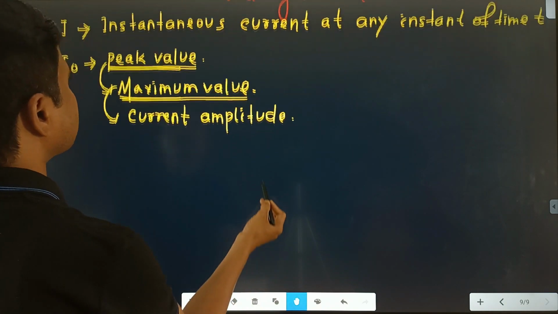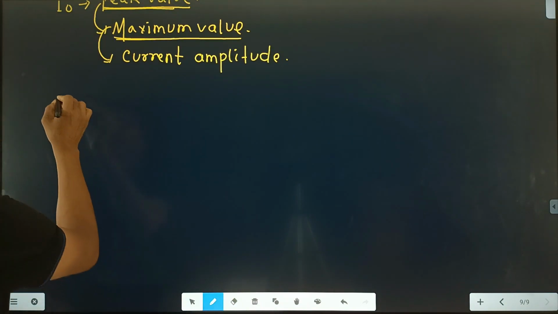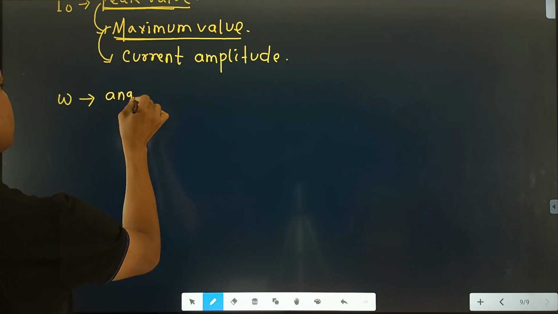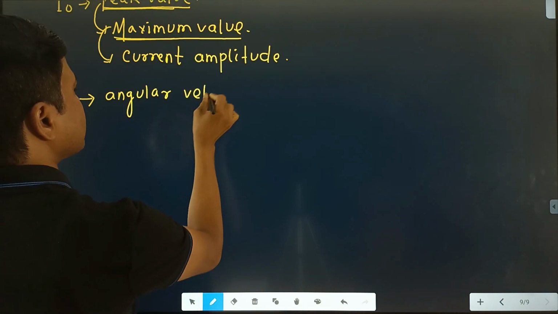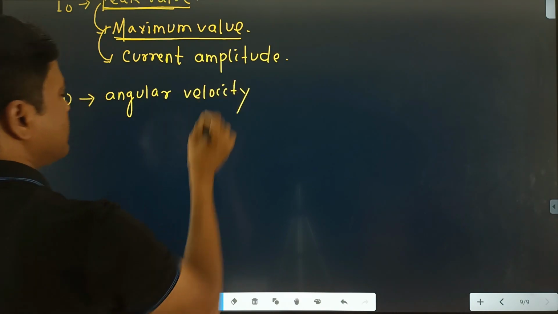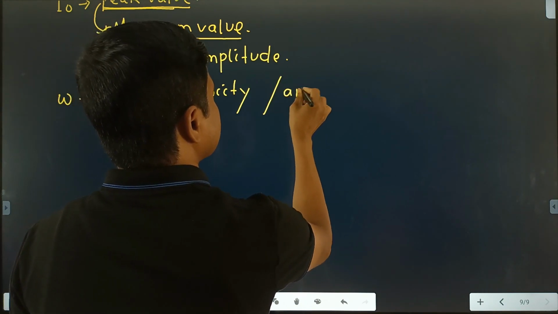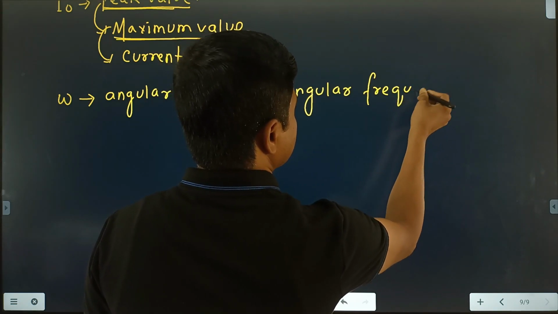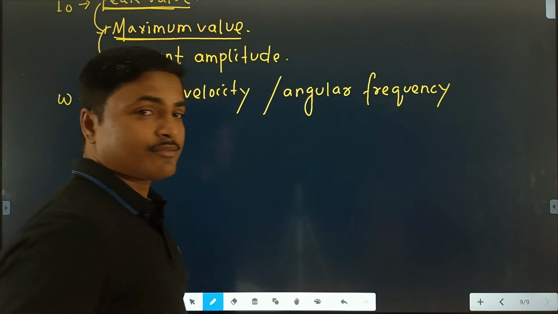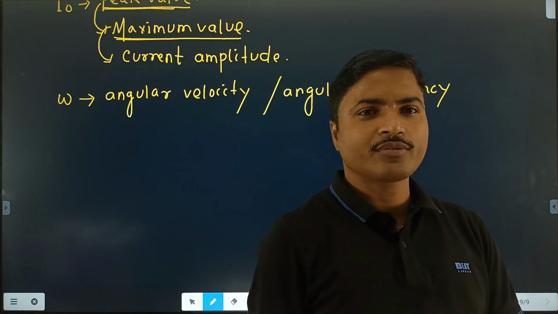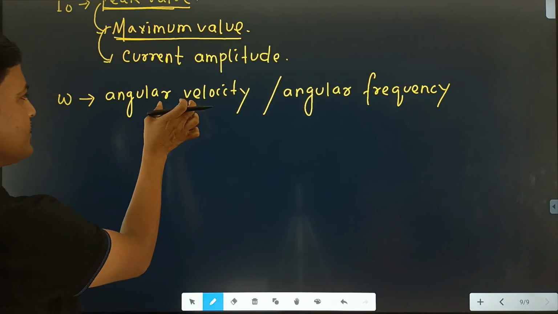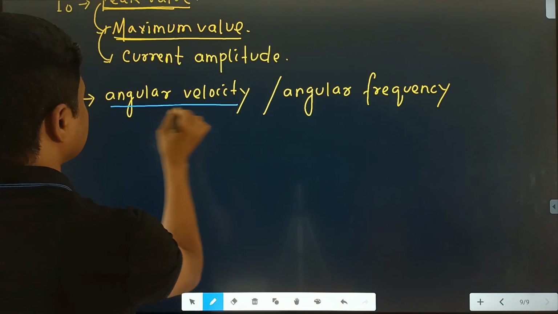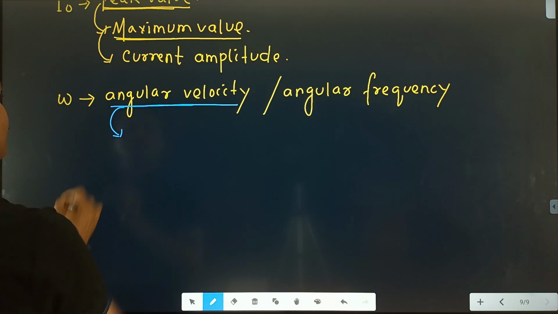What is omega? We write omega, that is known as angular velocity, or that is also known as angular frequency. Then what is the difference between angular velocity and angular frequency? Angular velocity is a vector quantity.